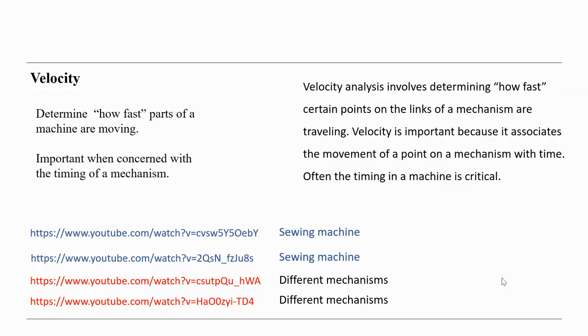So velocity analysis involves determining how fast certain points on the links of a mechanism are traveling. Velocity is important because it associates the movement of a point on a mechanism with time. Often the timing in a mechanism is a critical issue.